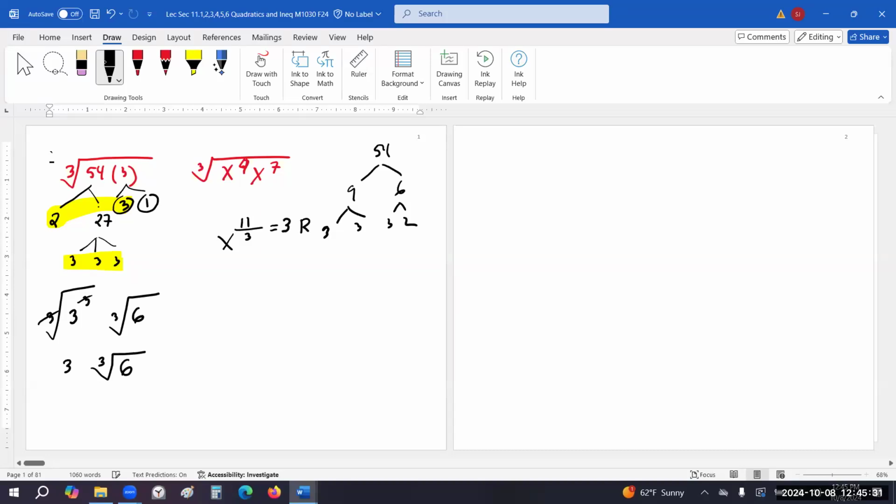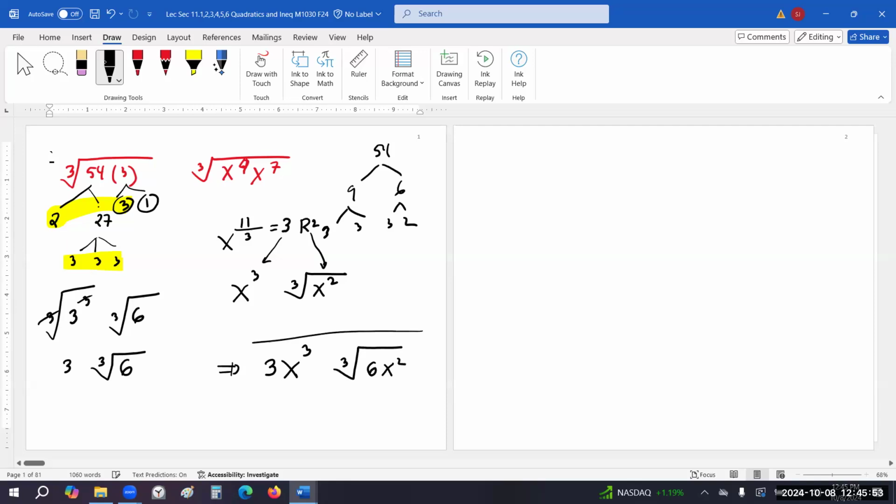How many remain there? 2. That means we have x with the 3 outside, and inside the house, x with the 2. So what's the answer? 3x cubed outside, and inside the house, it's 6 and x squared.